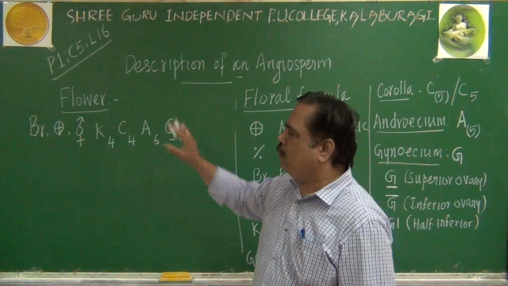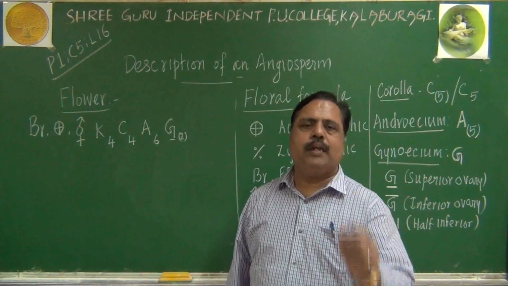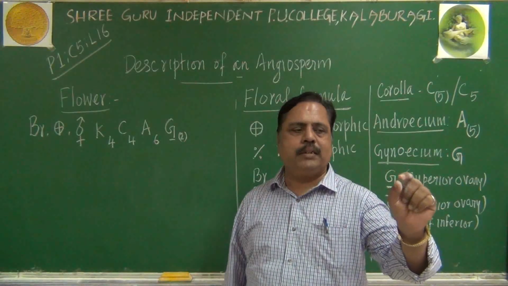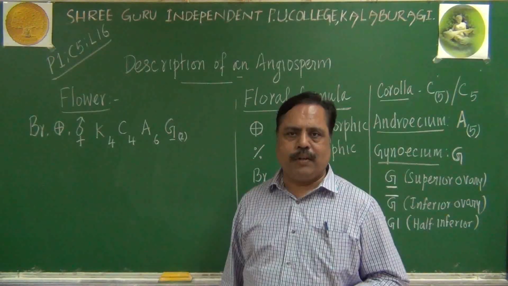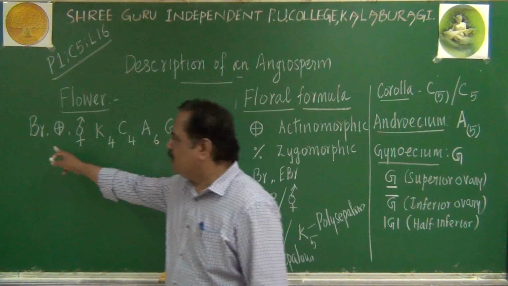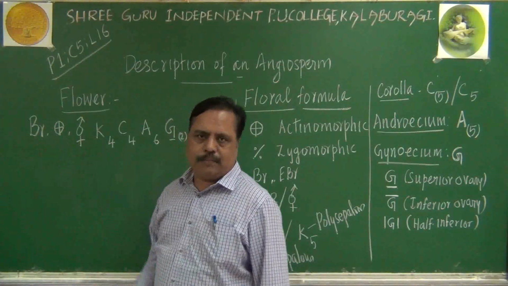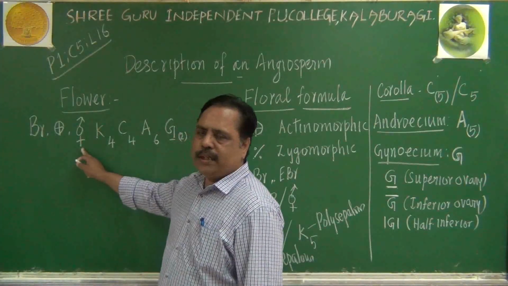This is one formula, floral formula. What is floral formula? Symbolic representation of a flower in scientific description. For scientifically describing a flower, we can use some symbols. By seeing the symbol, we can say whether it has got bract or not. What is its symmetry? What is its sexuality?